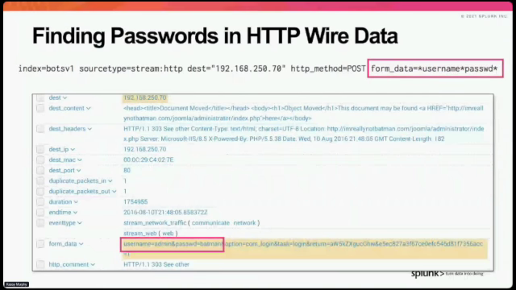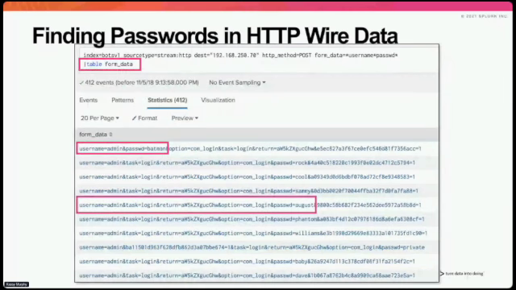This could be a very expensive search on a full production environment, but since we're looking into a very specific index, it's going to narrow the amount of data that we're actually searching. So we've added that, and we can see in a couple of our results, the form data, we can actually see these usernames and passwords that are being attempted here.